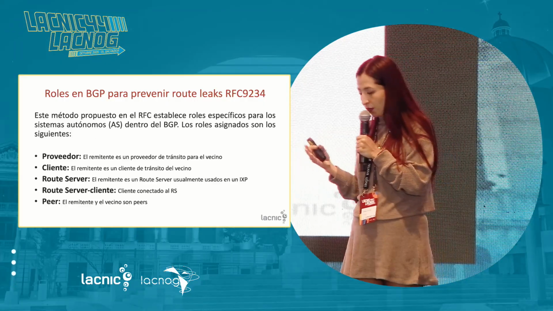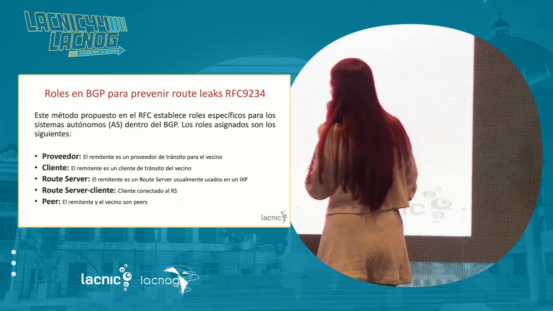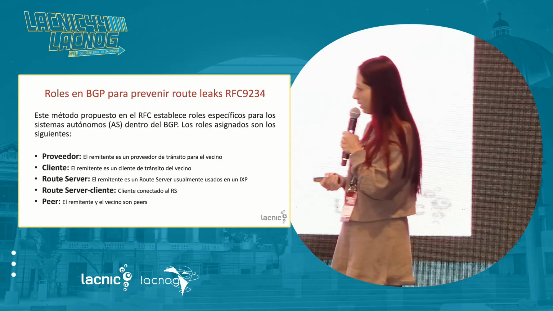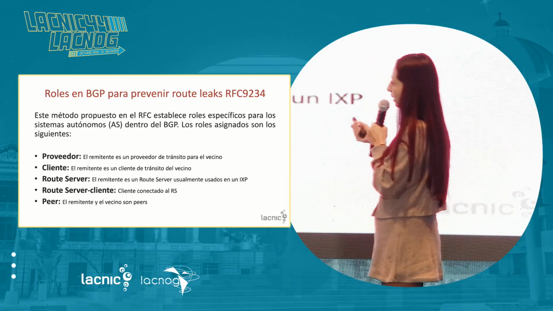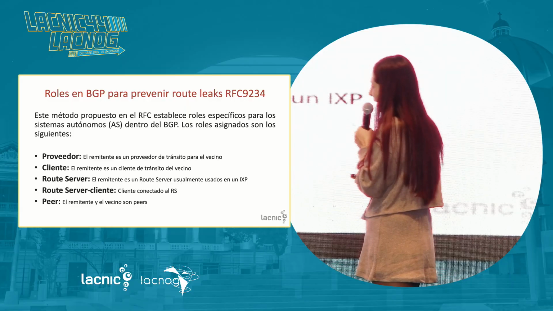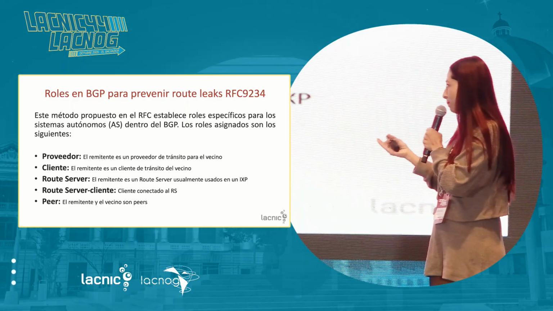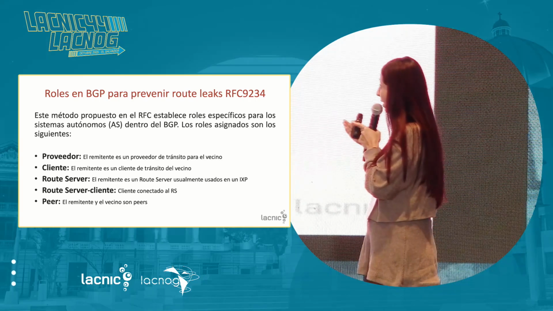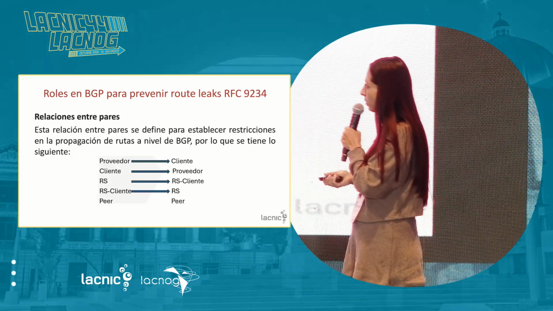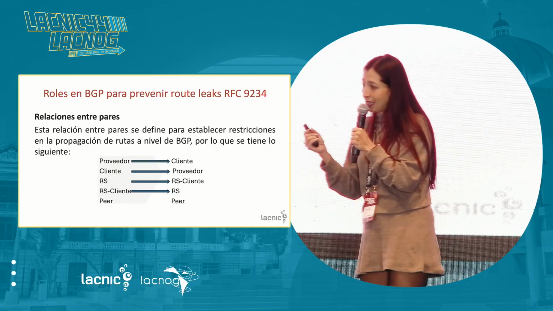Based on these roles, we have the provider role, the client role, the route server role, the route server client role, and the peer role. I won't go into the details because we already know this, but based on those roles that you can assign to each of the elements, we then establish the peer relation.